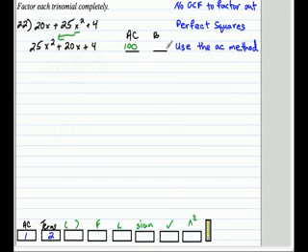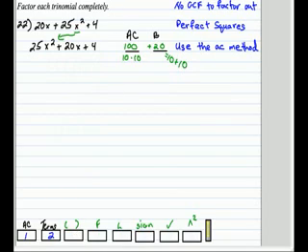What's my B? 20. And that's a positive. What are my factors? Well, I think everybody can see we're going to go right to a 10 times 10. Because I know that 20 equals 10 plus 10.